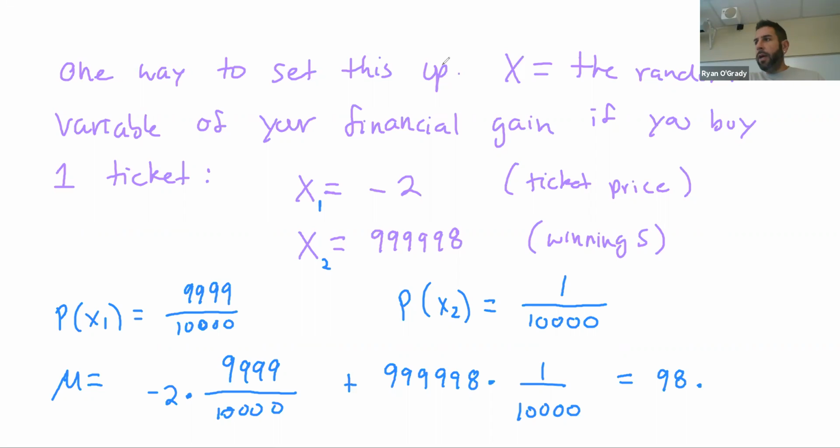Now, we're going to do another example in a second so you can see the contrast of what we mean by this. But one way to interpret this is, instead of saying don't buy the ticket, say this lottery happened every day.